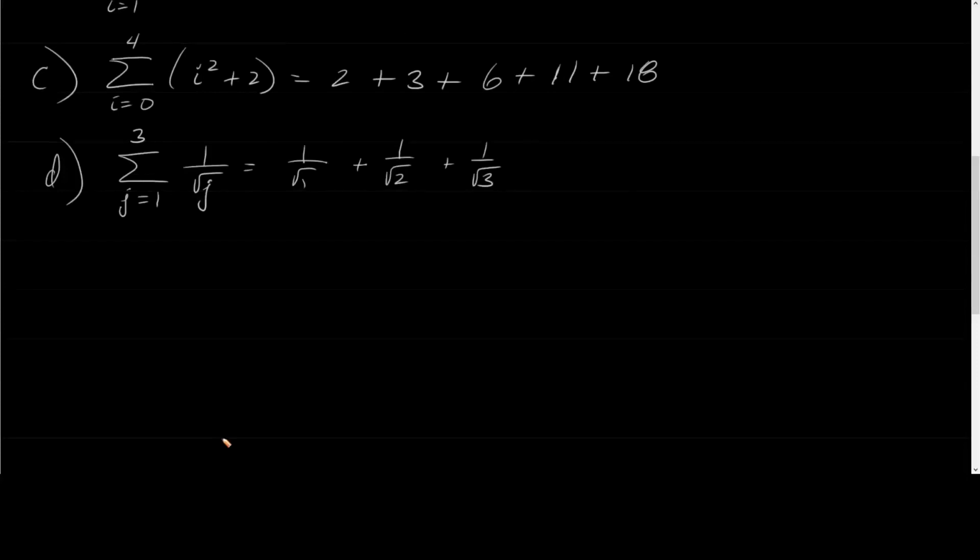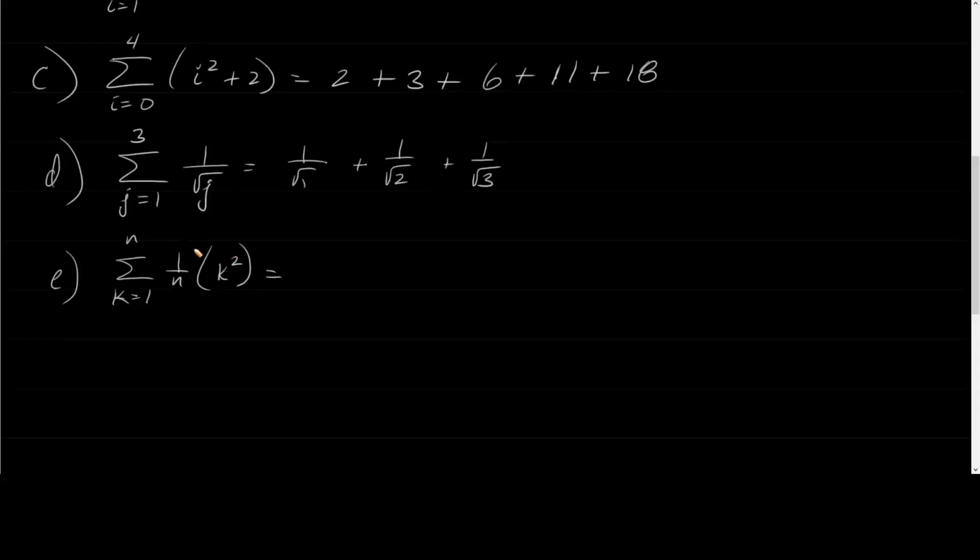We can also do things like this, a little bit more generic. The summation from k equals 1 to n of 1 over n times k squared. Our index is k, so we're only plugging things into k.